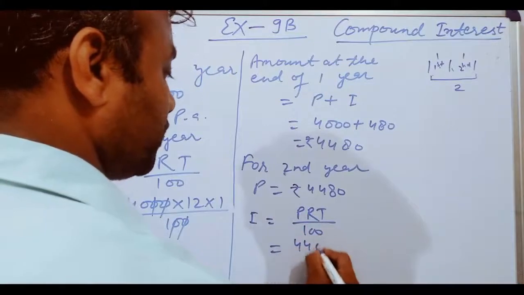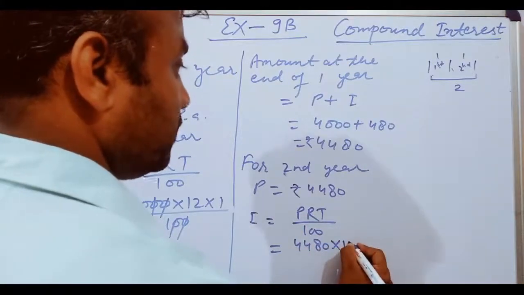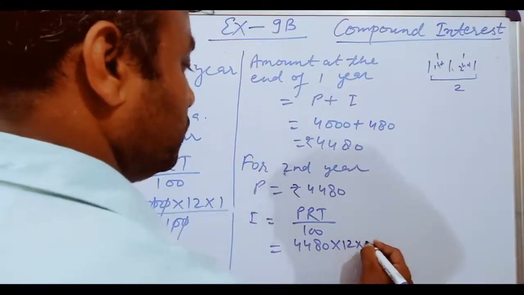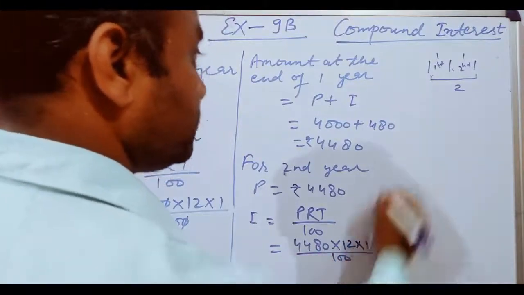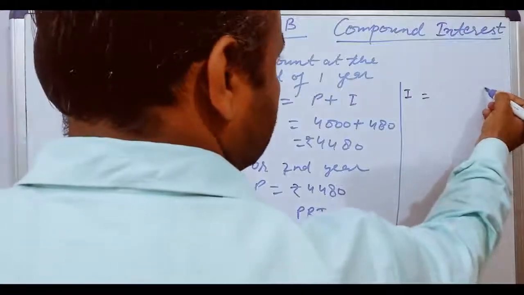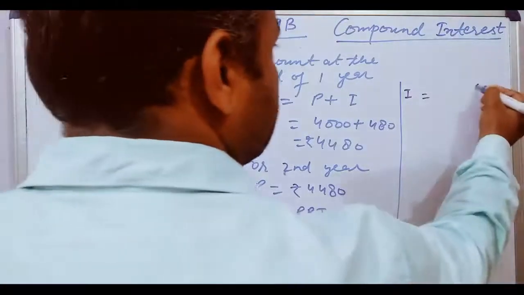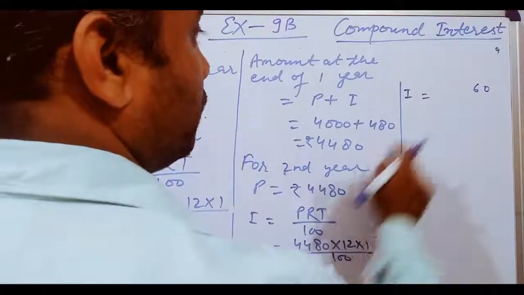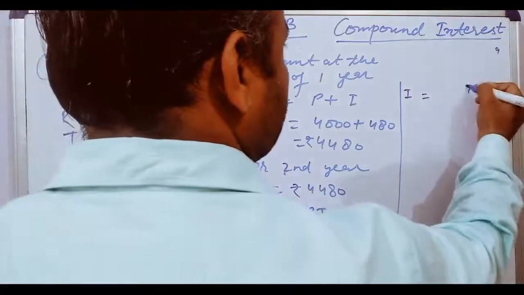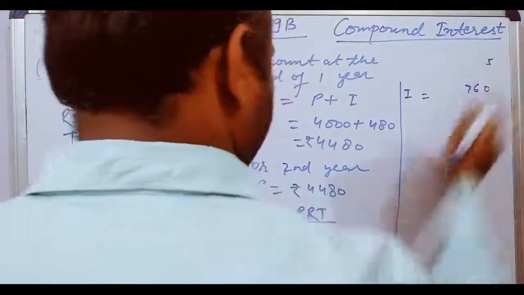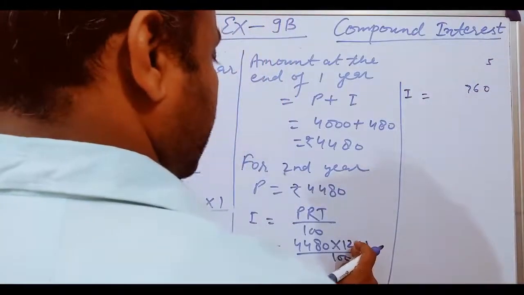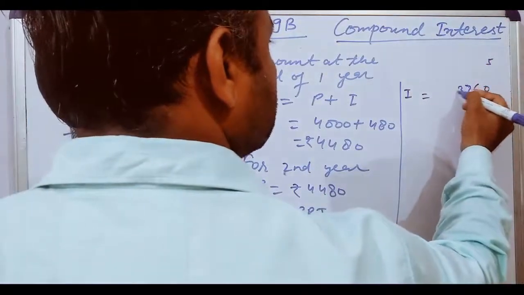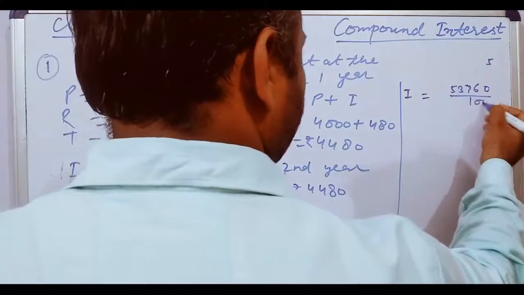P 4,480 into R 12 into 1 upon 100. 12 times 8 is 96, carry 9; 12 times 4 is 48, plus 9 is 57, carry 5; 12 times 4 is 48, plus 5 is 53, upon 100.